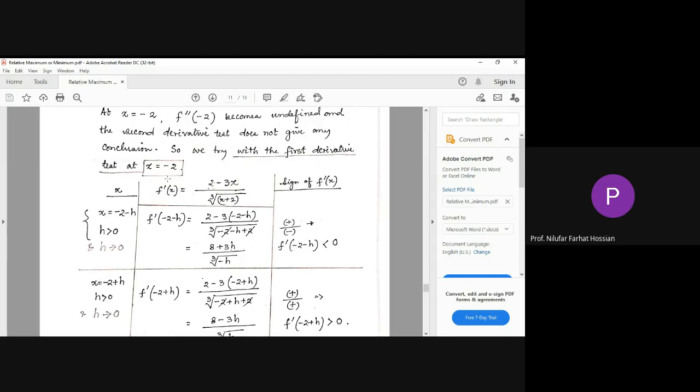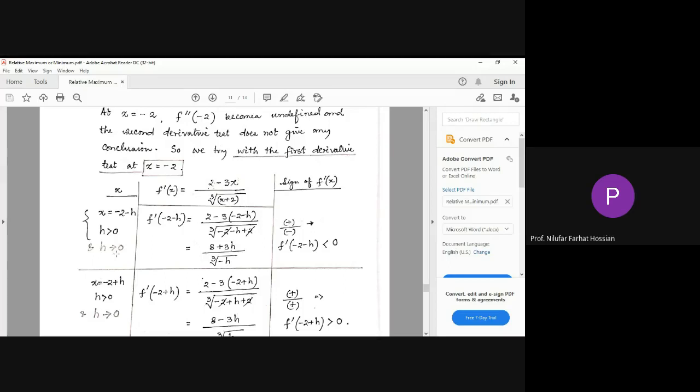So at first you have to take a number which is less than minus 2. So here I am taking minus 2 minus h. Remember this h is a positive number and h is a very small number which is very close to 0, but h is a positive number. These two things will help you to determine the sign of f prime x.